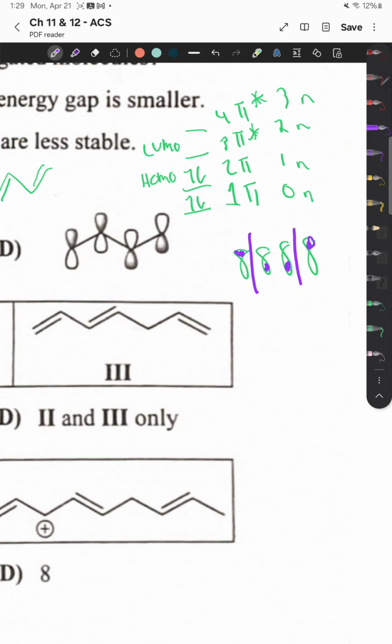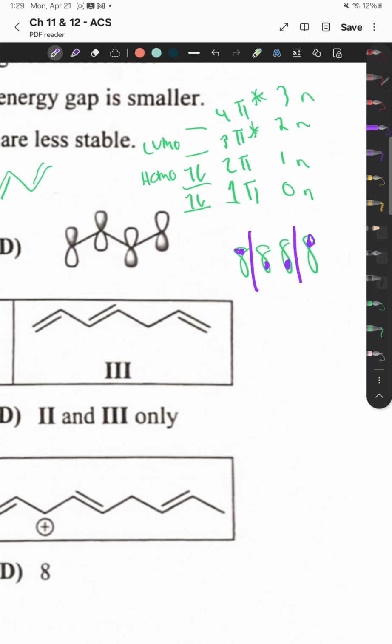Our orbital has 1 node, like the one I drew earlier, where we have 1 node in the middle, 2 lobes spinning in the same direction here, and the other 2 spinning in the opposite direction.